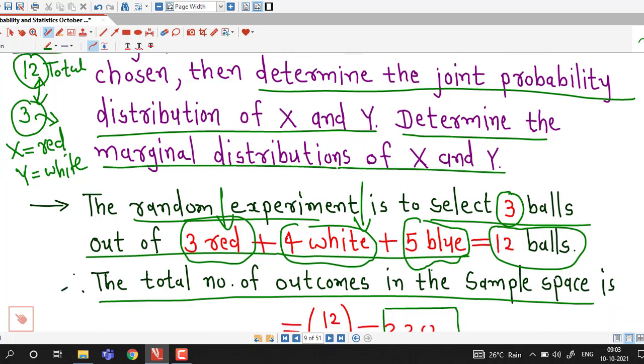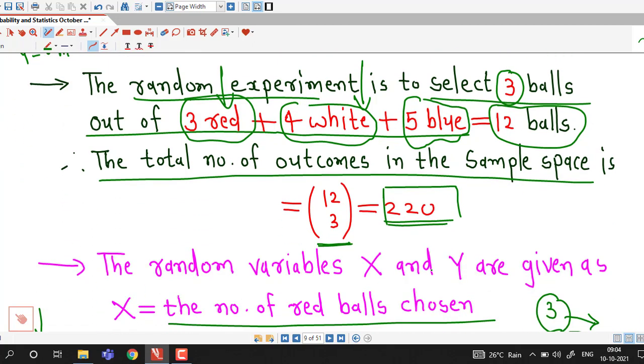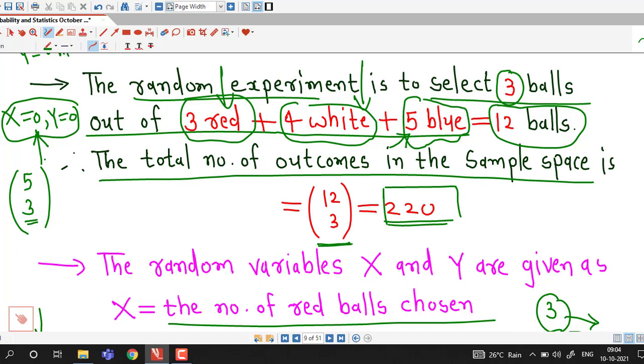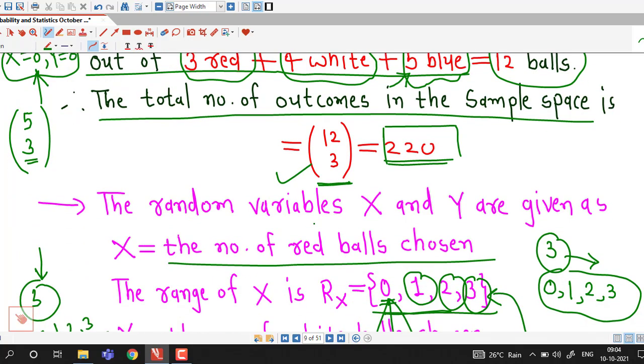The number of outcomes in favor of the event X equal to 0 and Y equal to 0 will be 5C3, because we are selecting 3 balls out of 12 balls. Since there are no red and no white balls, all 3 balls must come from the 5 blue balls. So the number of outcomes in favor of this event is 5C3 and the total number of outcomes is 12C3.